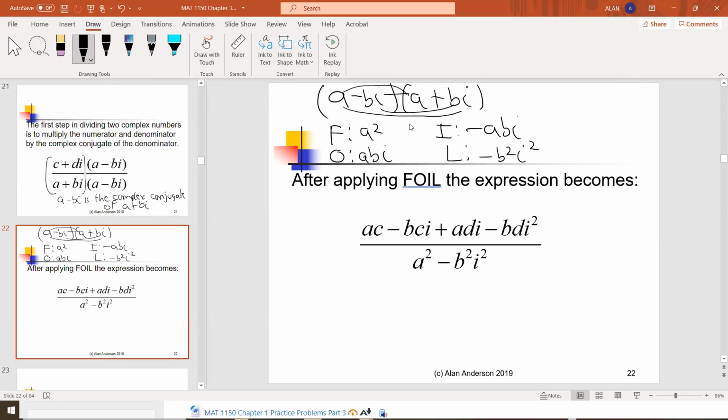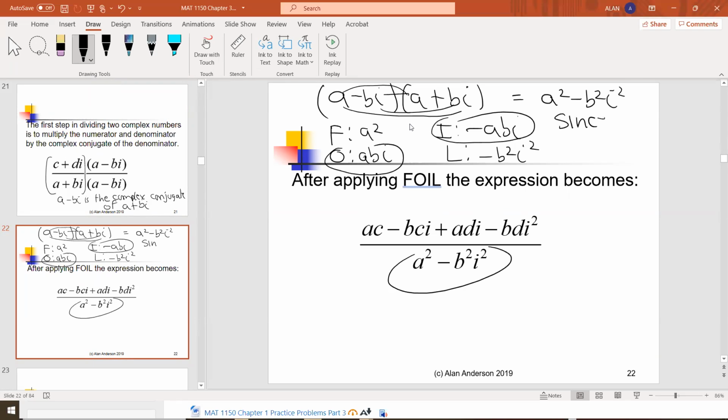So when I combine these, these cancel each other out, and I end up with a squared minus b squared i squared, which you see here. But of course, since i squared is -1, this reduces to a squared plus b squared.